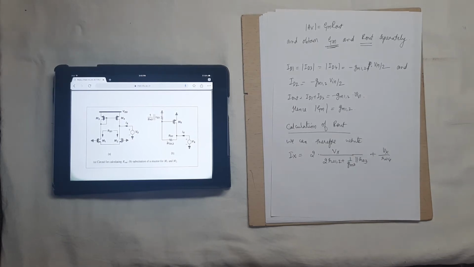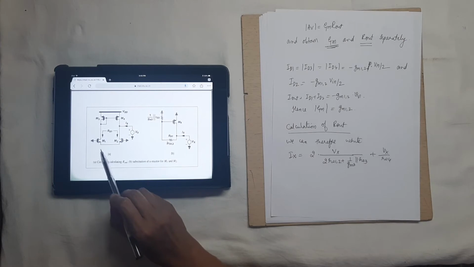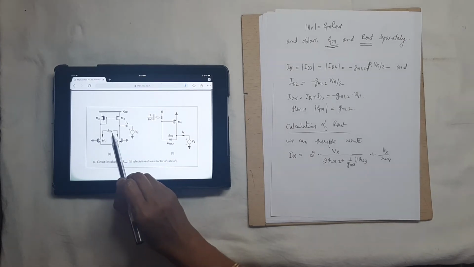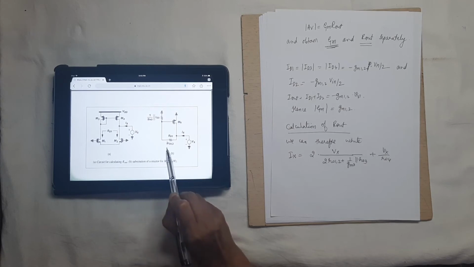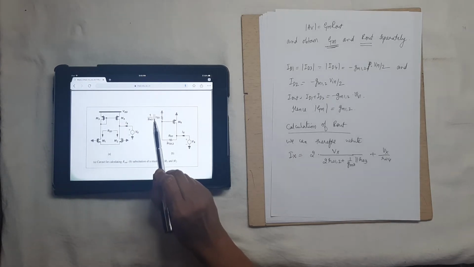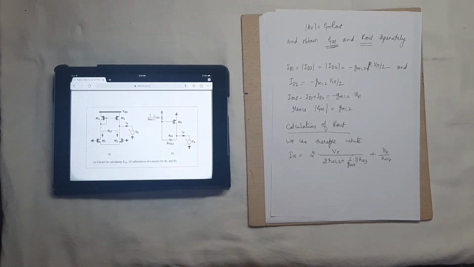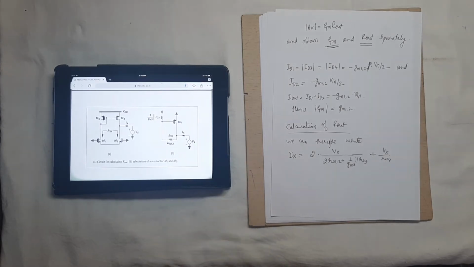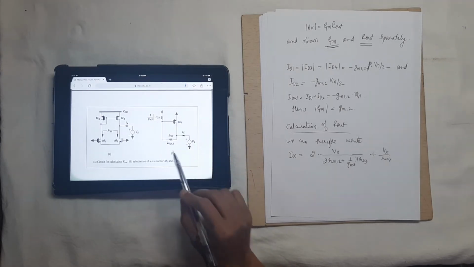Now how are we arriving at this particular expression? See here, these two are modeled as Rxy, that is 2RO1,2. Similarly, this is equivalent to 1/Gm3 parallel with RO3. Now we have to write what is the current Ix flowing through the circuit.